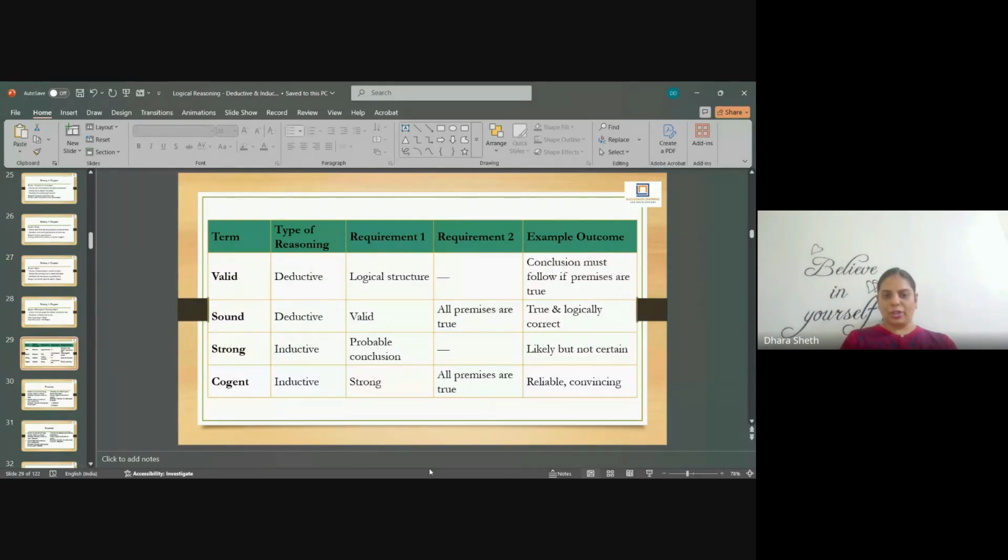So you can take a screenshot of this. When you want to revise concepts, you can use this. Valid, sound, strong, cogent. I'll give you a moment to look at it.